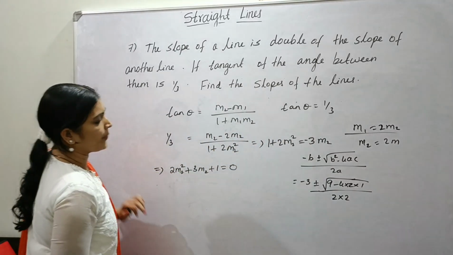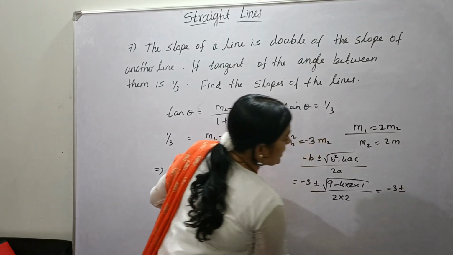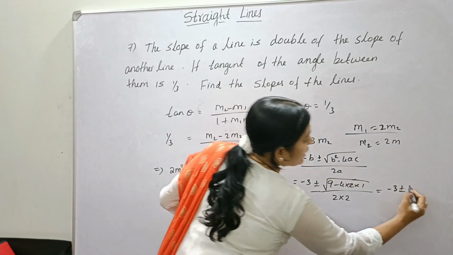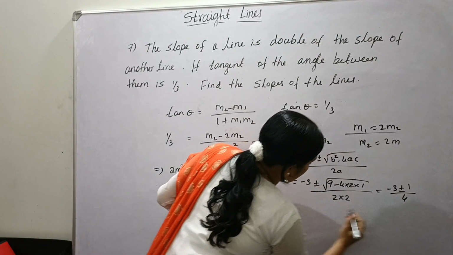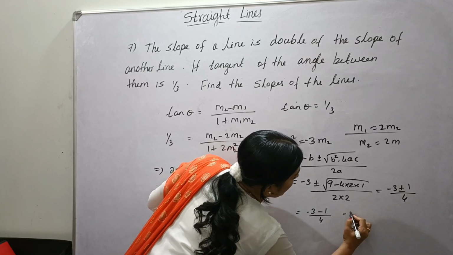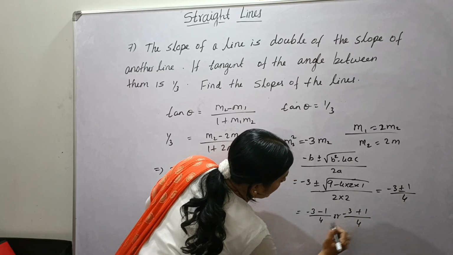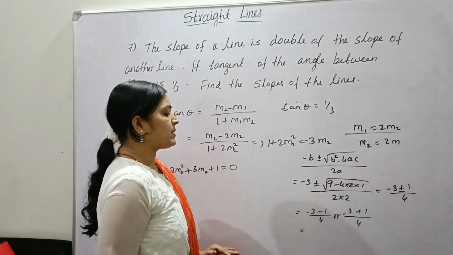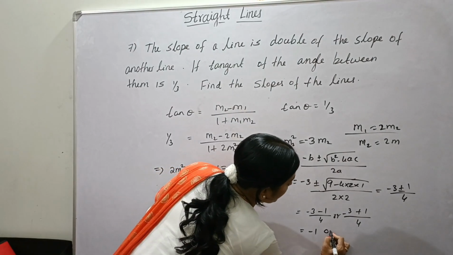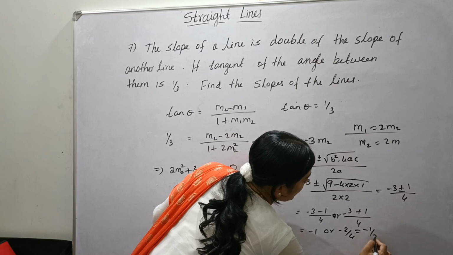That is minus 3 plus or minus square root of 9 minus 8, 1, square root of 1 itself divided by 4. That is minus 3 minus 1 divided by 4, or minus 3 plus 1 divided by 4. So minus 3 minus 1 is minus 4, so it is minus 1, or it is minus 2 by 4, that is equal to minus 1 by 2.